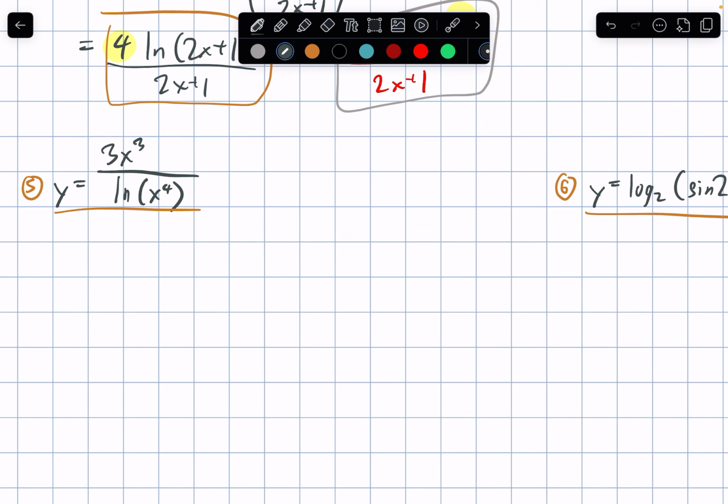Perhaps we use quotient rule because it's a fraction. So dy over dx is equal to, okay, chain rule times ln x raised to 4 plus 3x cubed times, okay, what is the derivative of ln x raised to 4?